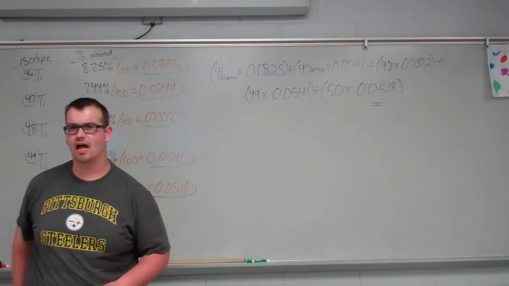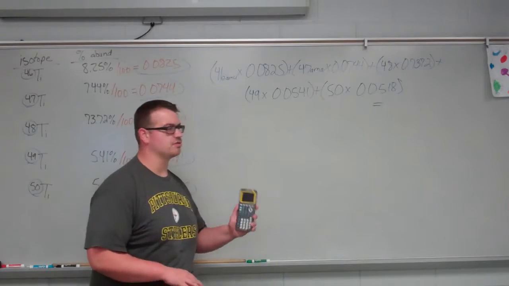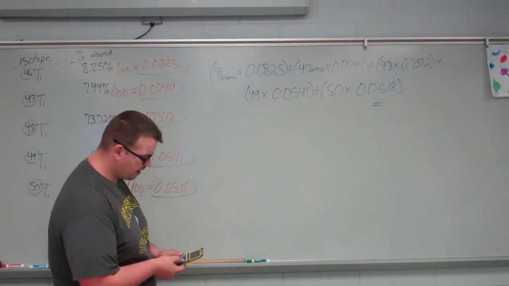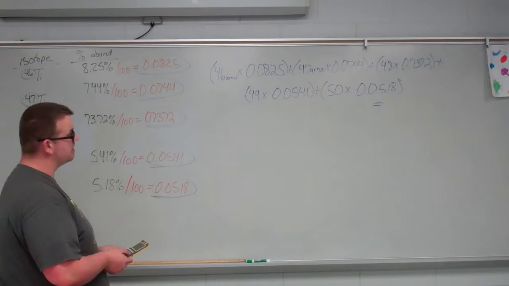Guys, be careful with this. A lot of errors will come from y'all just wanting to throw this in your calculator really fast and just run through there. Don't be scared to use parentheses. I'm one of those people that absolutely love to use parentheses.